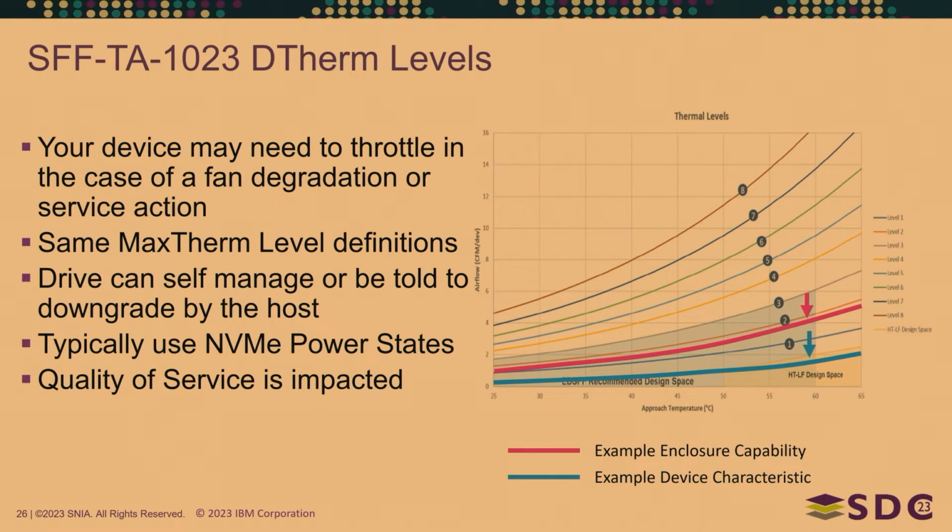So again, here's an example of maybe our enclosure gets downgraded to a level 1 thermal level, and your device is luckily also throttling down to a level 1 D-therm as well.